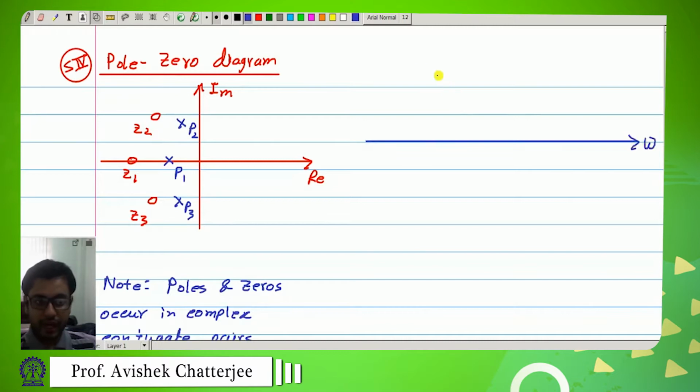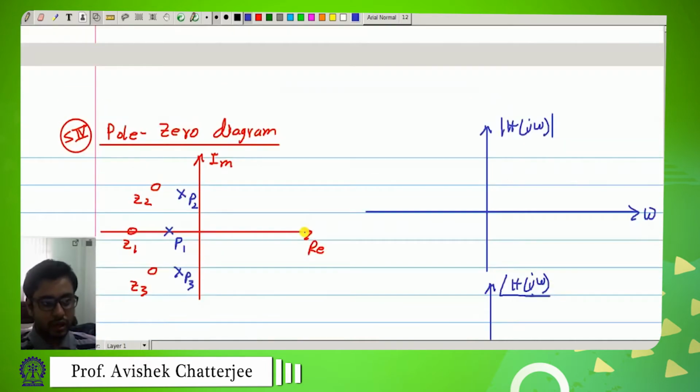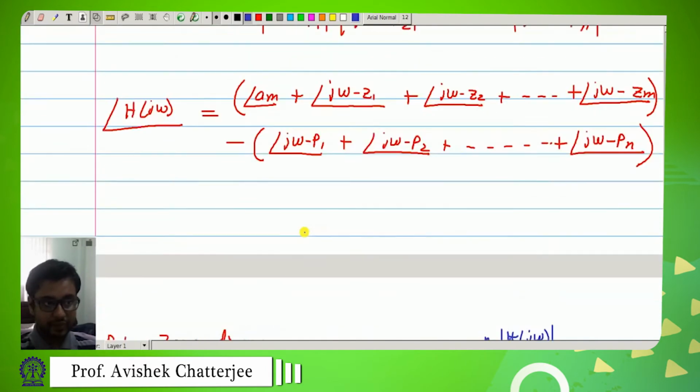So omega versus mod of H j omega, and another diagram, omega versus angle of H j omega. Now here is the idea.